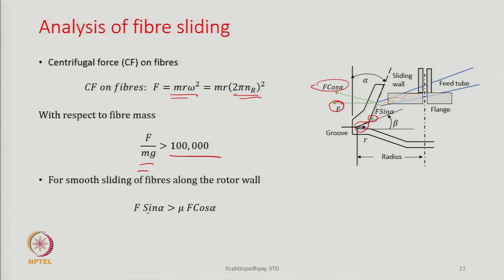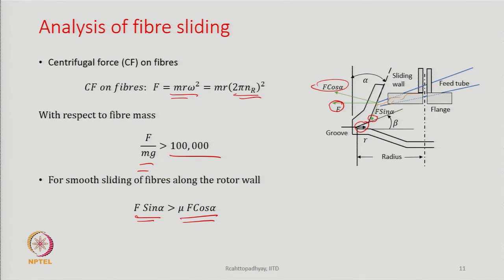For smooth sliding, F sin alpha has to be greater than mu F cos alpha. So, mu cos alpha is what? It is the frictional resistance to sliding, where mu is the coefficient of friction between the rotor wall and the fibers.